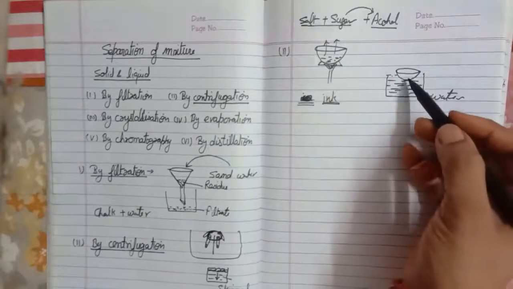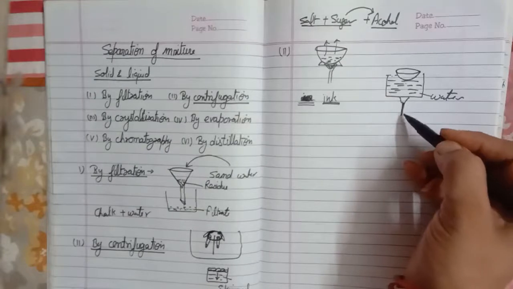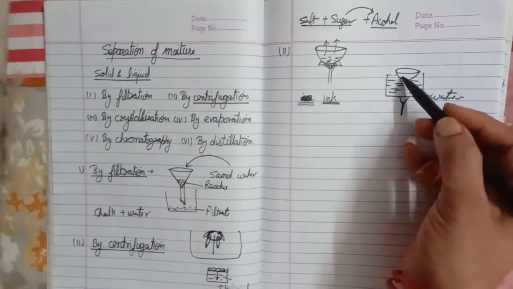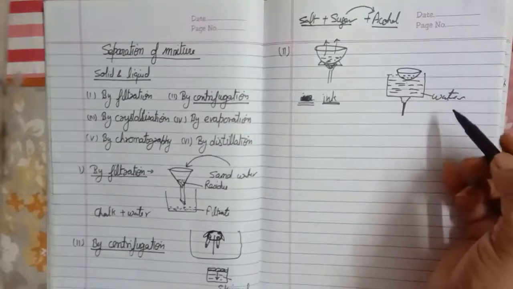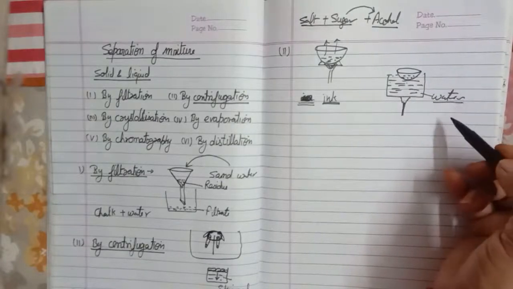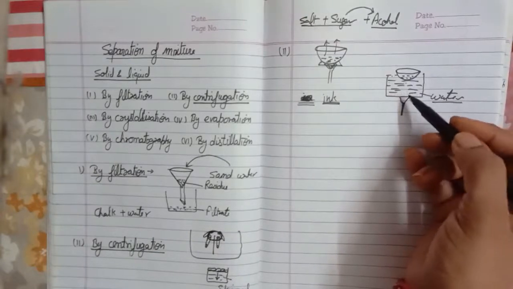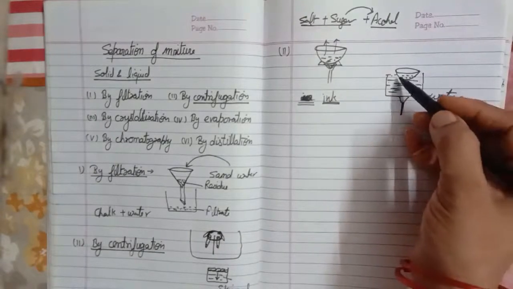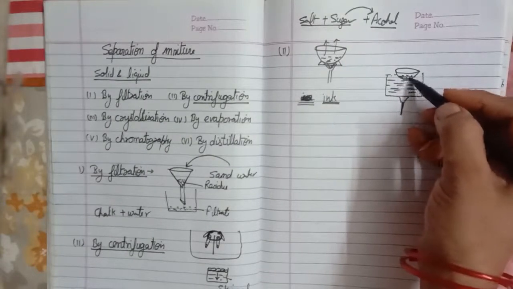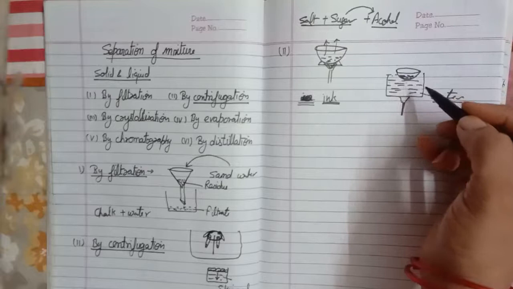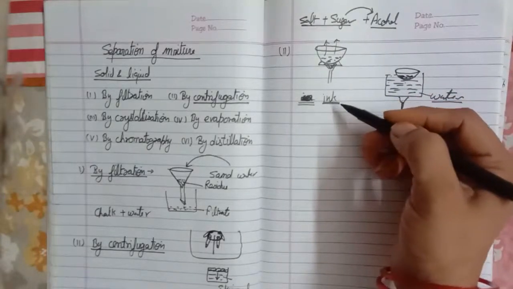We are not heating it directly on the flame, because by directly heating, the temperature of the mixture can be more than 100 degrees Celsius. By placing the mixture in a water bath, we do not raise its temperature more than 100 degrees Celsius. So the possibility of decomposing the ink is reduced.